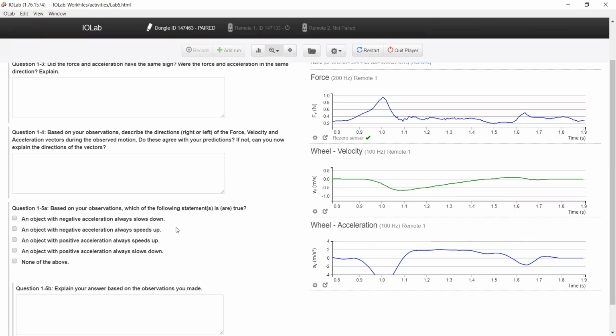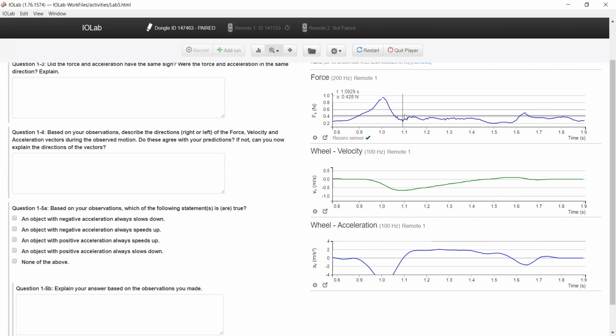So we cannot say that negative acceleration always speeds up. This is in the positive direction somehow, and we are slowing down. So it necessarily doesn't have to speed up to produce the negative acceleration. We can slow down in the positive direction and get the negative acceleration. That is one of the things.